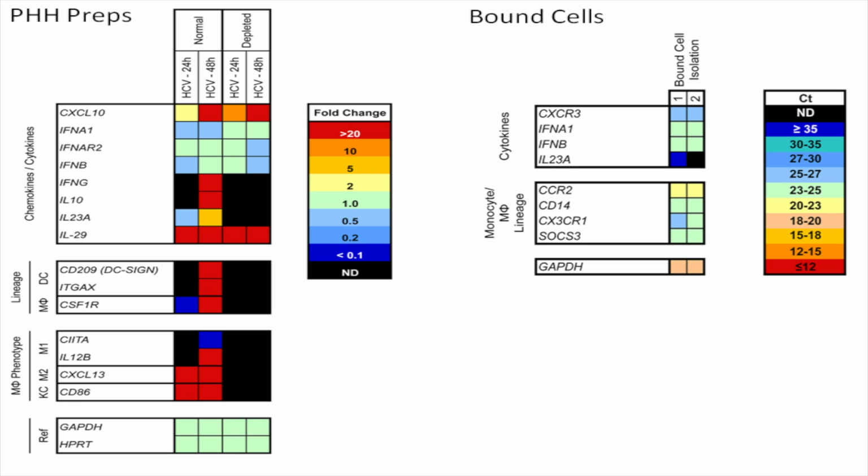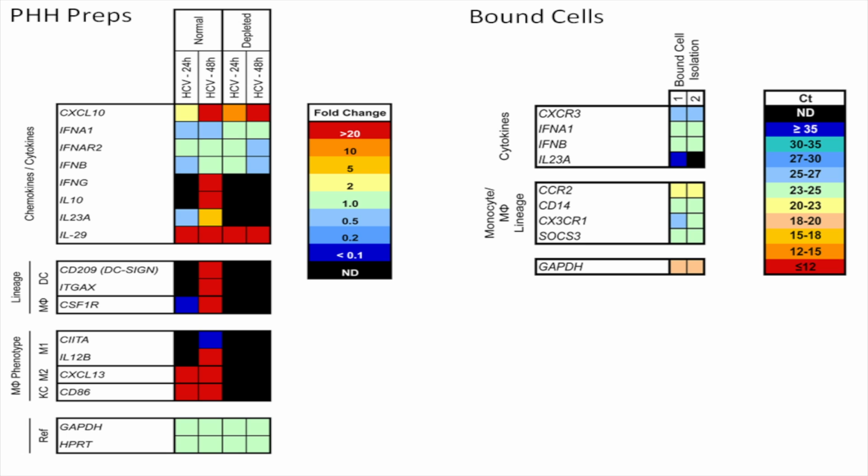So there are a few genes listed here because these were the only genes that we could detect by real-time RT-PCR, and they included CXCR3, which is known to be on immune cells, some interferons, and CD14, which is known to be on macrophages. I should tell you that this is a CT, not a fold change.